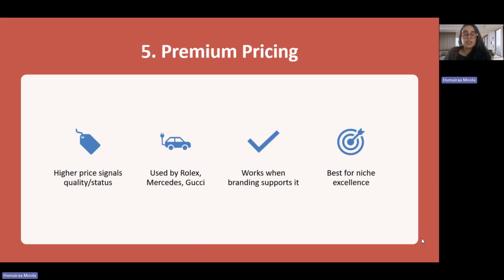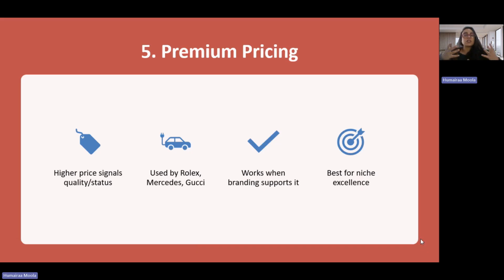But premium pricing only works when the full business supports it. And that means that your branding must align, your service quality must align, your customer experience must align, your communication must align, and your results must align to that premium pricing.